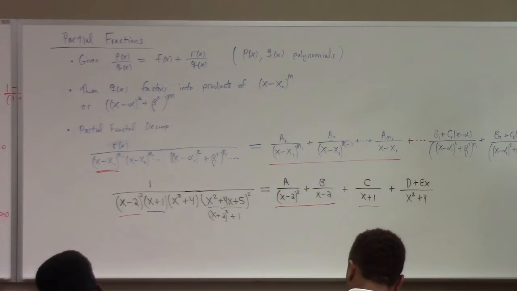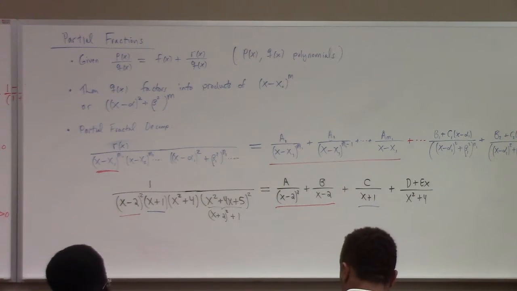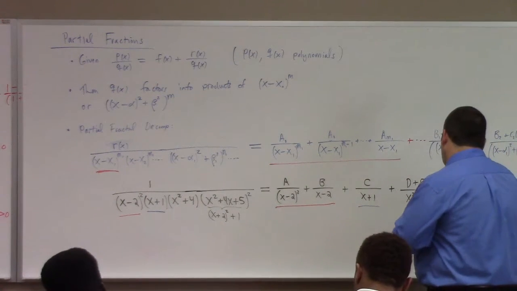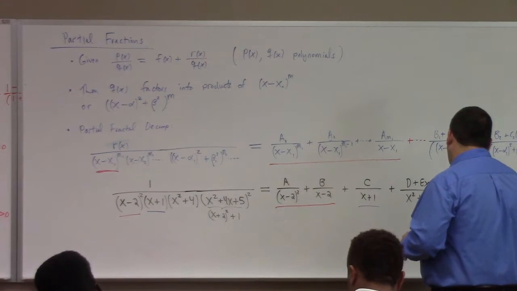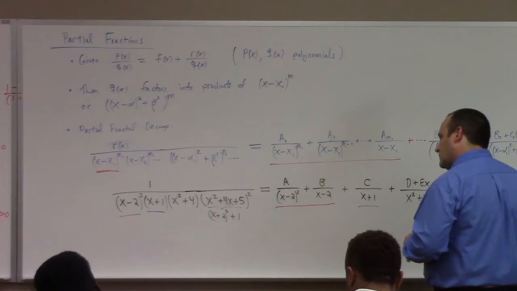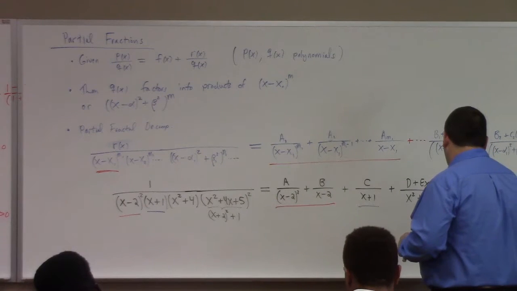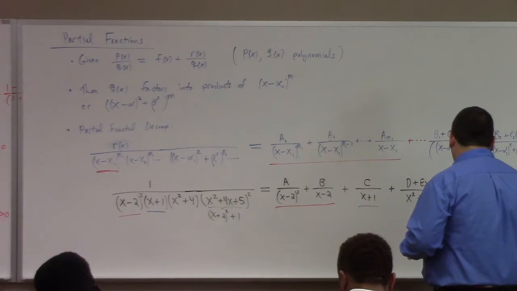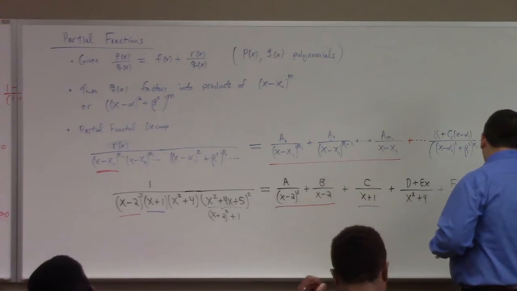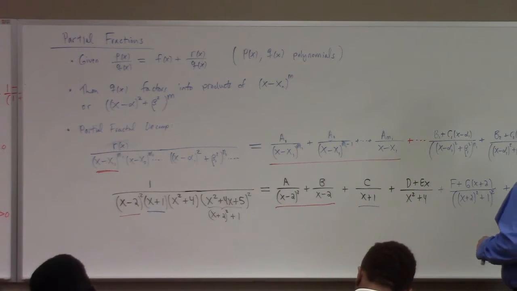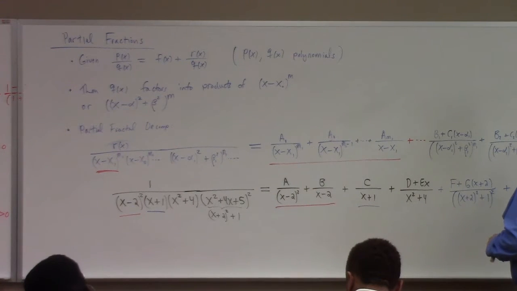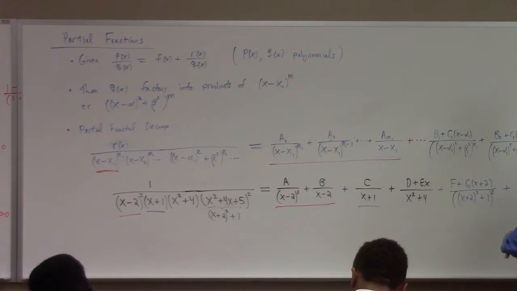All right. And then finally the irreducible quadratic squared. That's going to produce a few more terms. That's going to produce F plus G times x plus 2 over x plus 2 quantity squared plus 1 quantity squared, plus H plus I times x plus 2 divided by x plus 2 quantity squared plus 1.